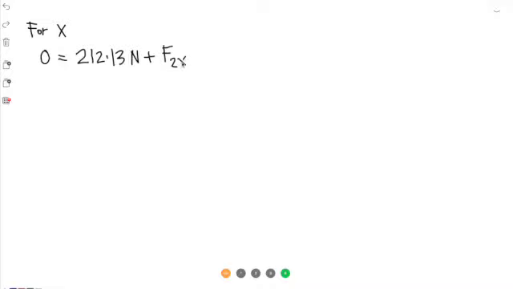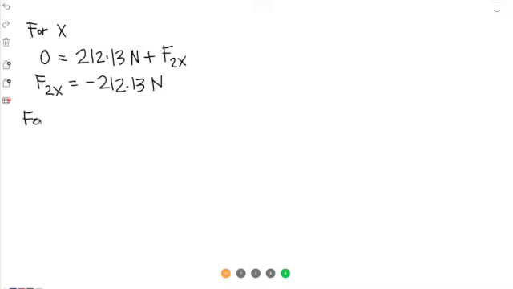Just to transpose, F2x is equal to negative 212.13 newtons.